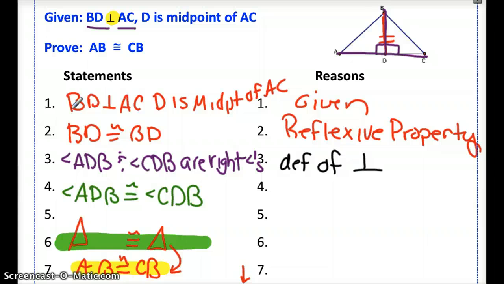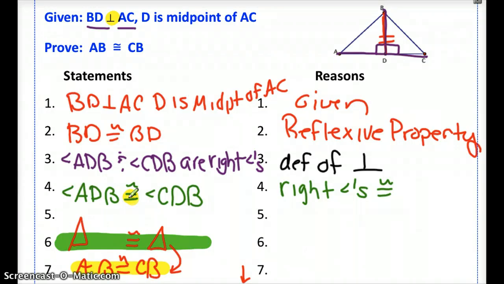If they're equal, then they're congruent. That's a theorem. So I'm going to just write right angles congruent. Would be fine if you're going to write right angles congruent theorem. That would be all right as well. Do not write definition of right angle. That is not correct. Also, you need to have a congruent symbol.